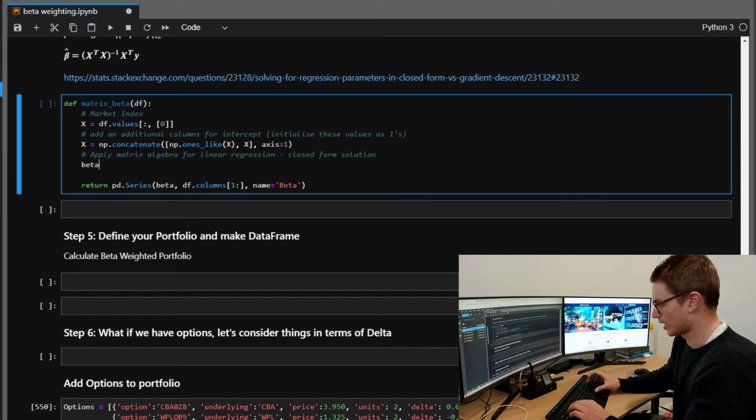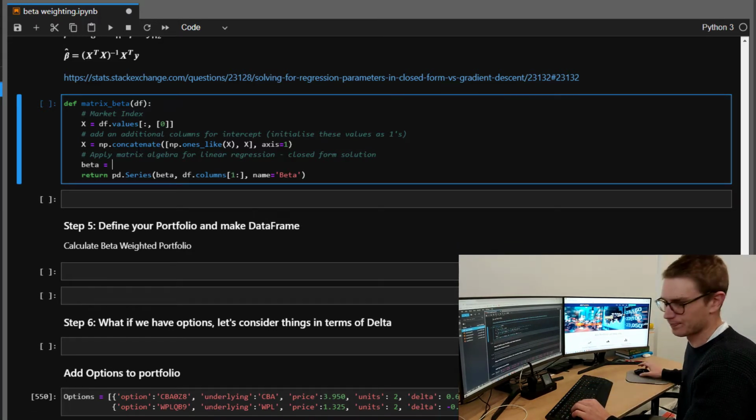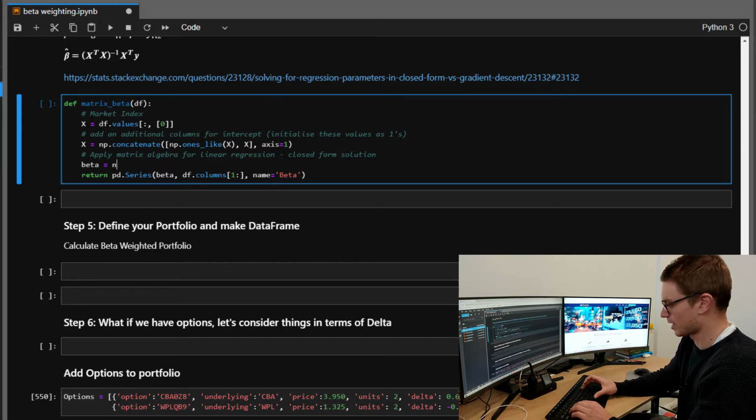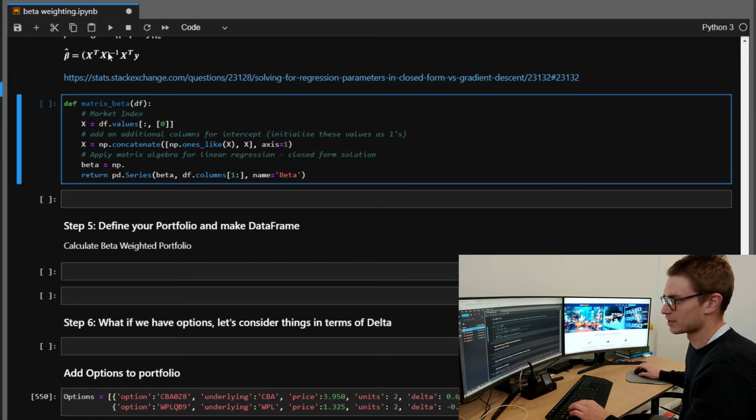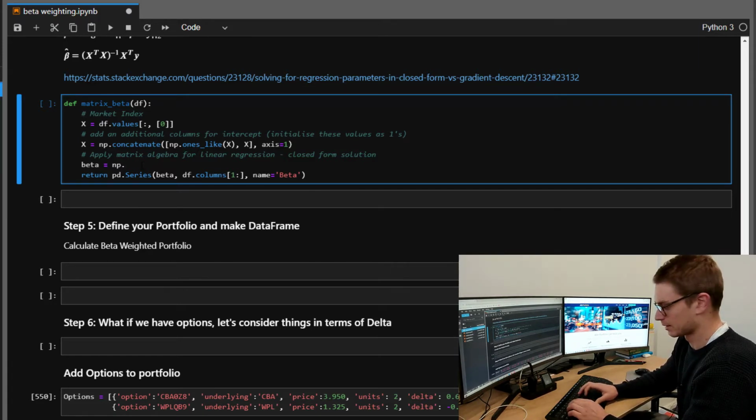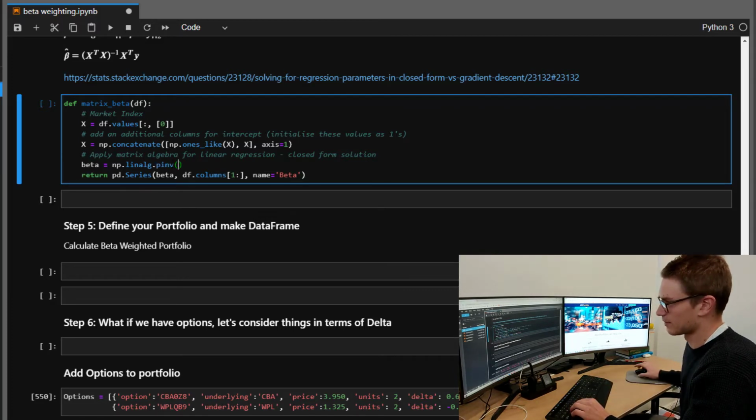So we're going to directly calculate the beta, and this is just going to be numpy. We're just copying this formula right here. So we need to use the numpy linear algebra module, linalg.pinv. This is going to give us the inverse to here.